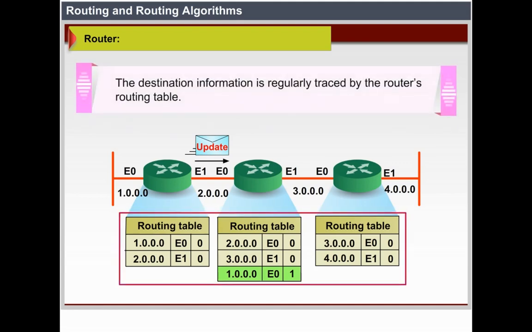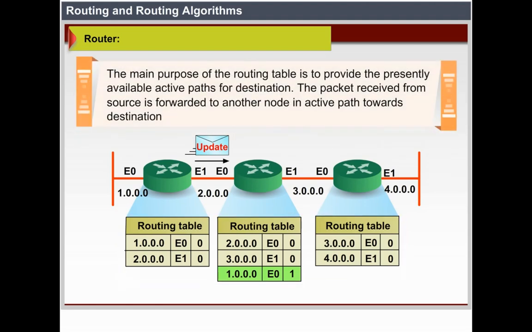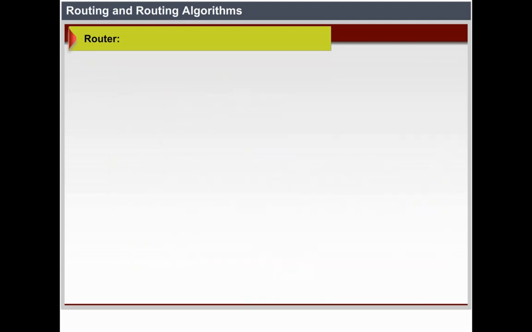Each router routing table caches the destination information regularly. Purpose of routing table is that it provides the presently available active paths for destination so that packet received from source is forwarded to another node in active path towards destination.